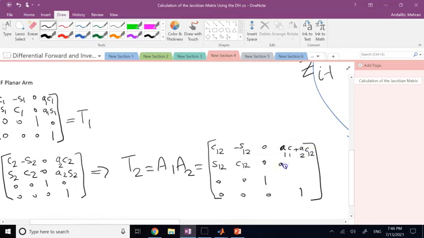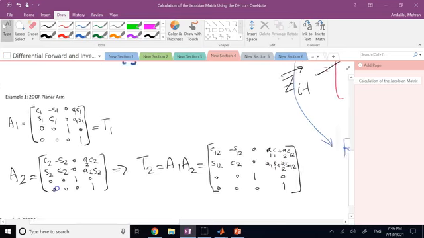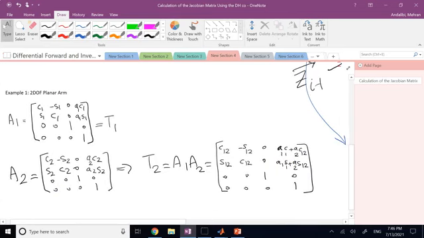This one was A1S1 plus A2S12, and this was 0. Okay, so these were the only two T's that I need because for this robot, n was 2.